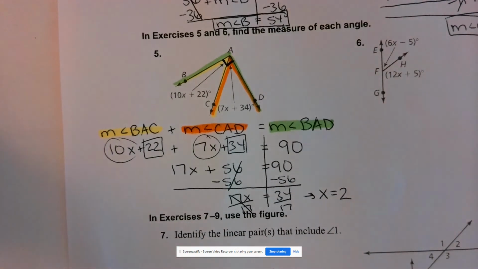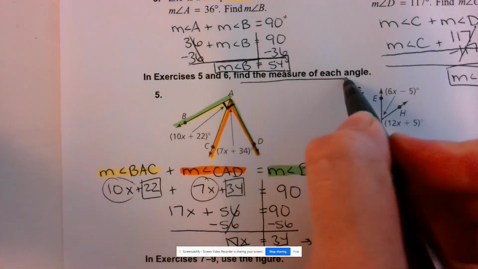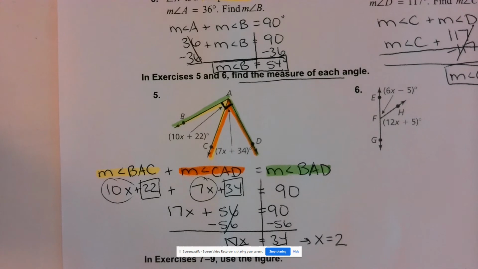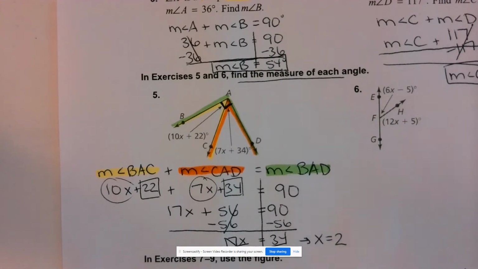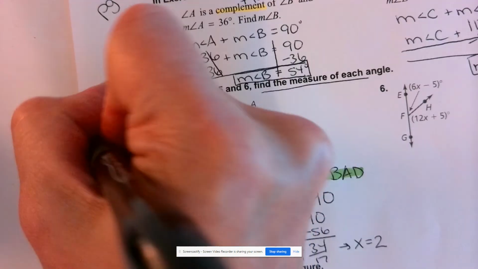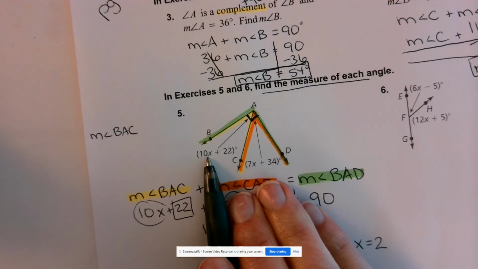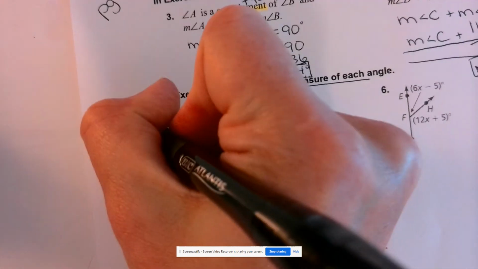Be careful, they don't want just to know what x is. They want me to find the measure of each angle. So I'm going to go ahead and find the measure of the unknown angles by taking my x value and plugging it in. So I know the measure of angle BAC, they tell me, is 10x plus 22.